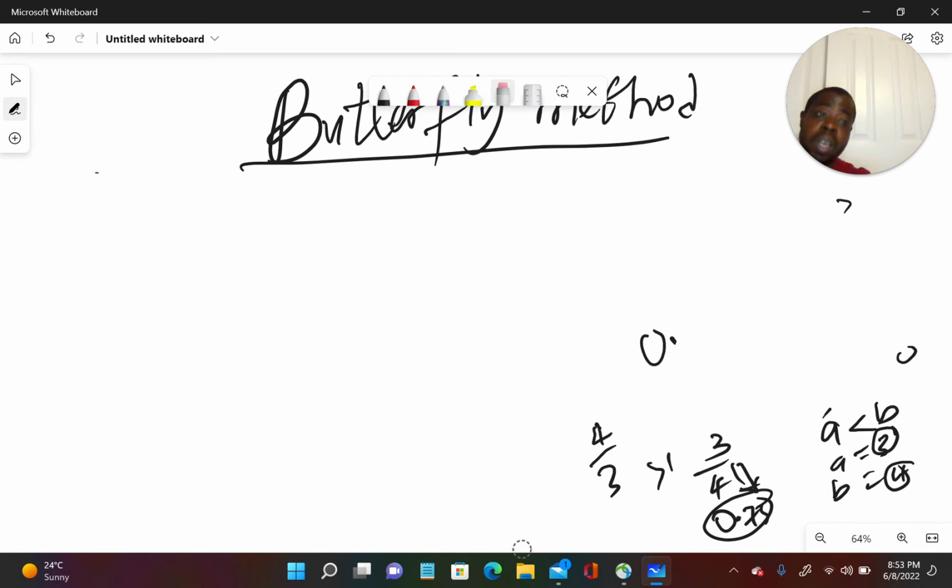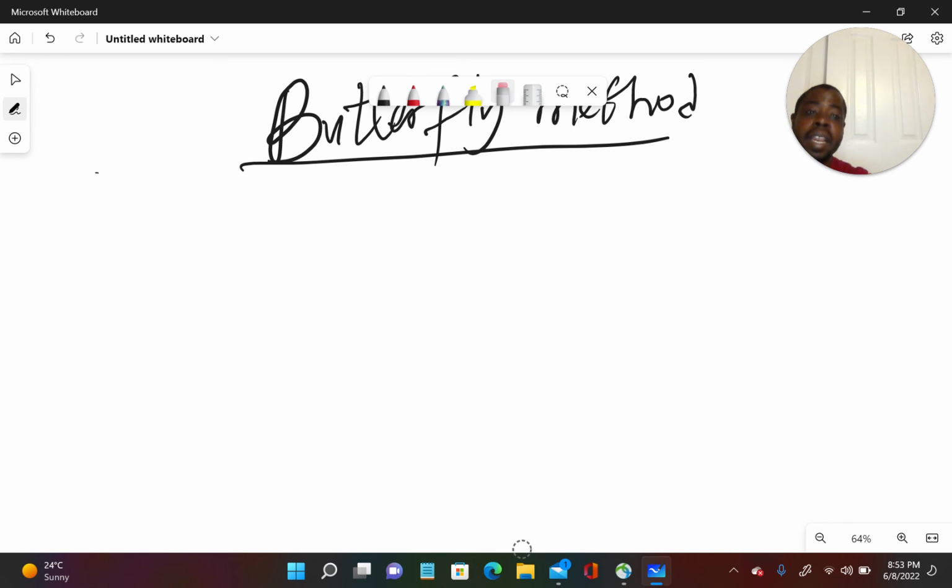Now you know what a fraction means. A fraction means you are dividing a by b, where both a and b belong to the set of integers, whole numbers, right? And your b is never equal to 0.